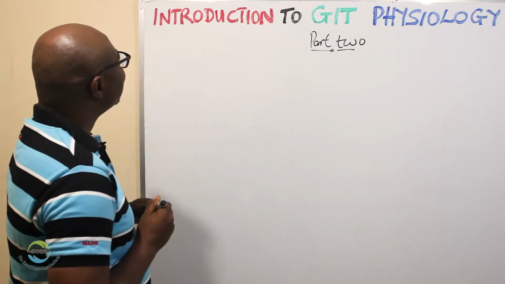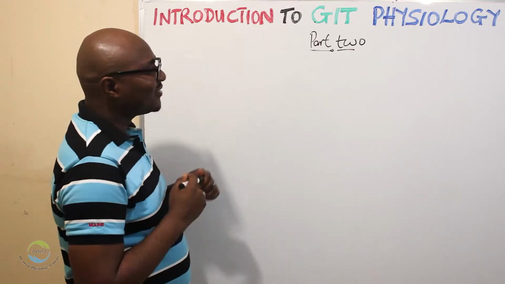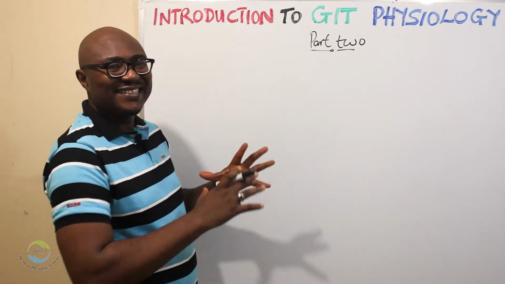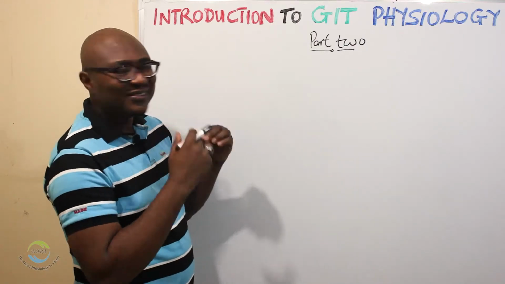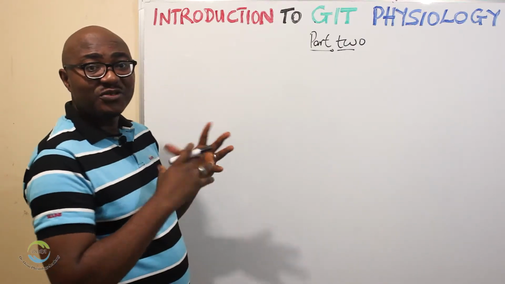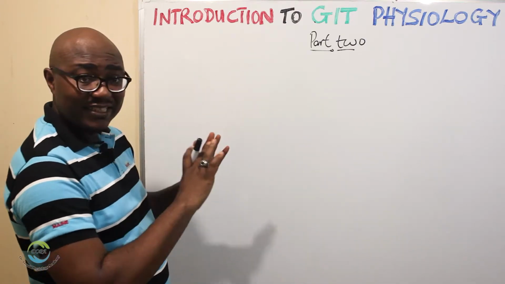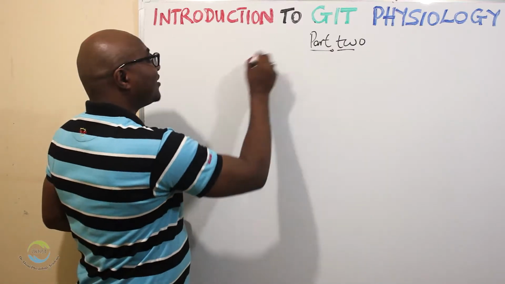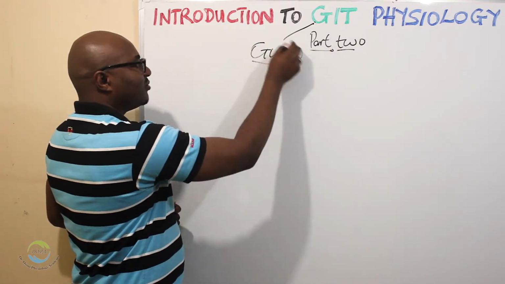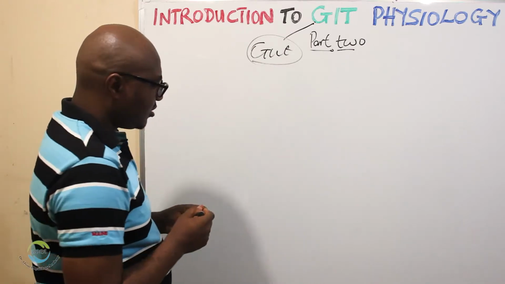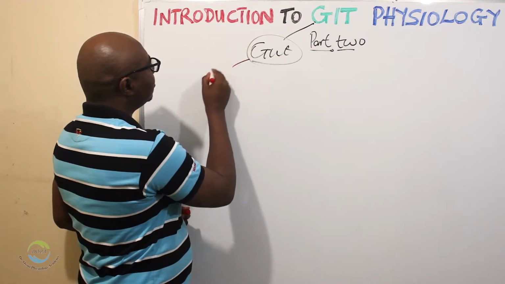So now we're going to be continuing with this special, interesting topic. It is a topic that has to do with food, how food is handled by the gastrointestinal tract, or the digestive tract. The gastrointestinal tract is also called the gut, that's layman language, or alimentary canal.